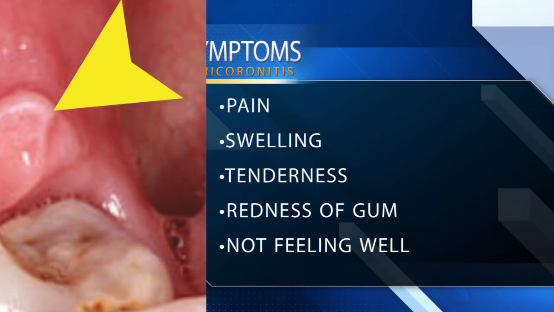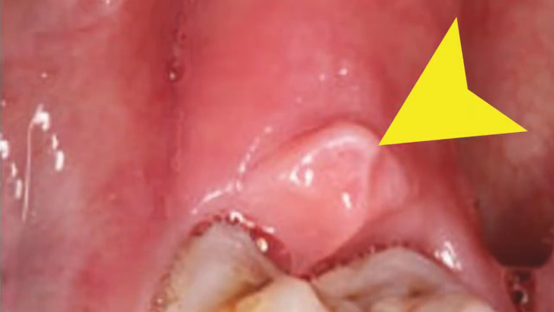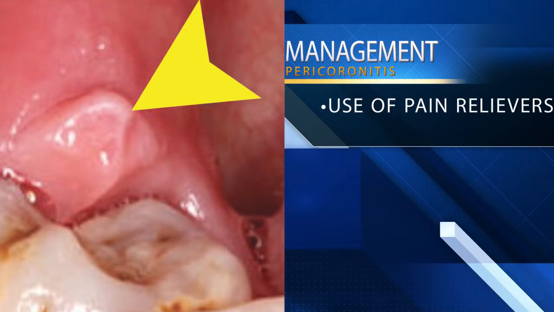When it comes to the management approach of pericoronitis, again, this also depends on the severity or the presentation of how you are feeling at that time. And here it entails, one, management of pain and resolving the swelling by use of pain relievers and some home remedies as well.